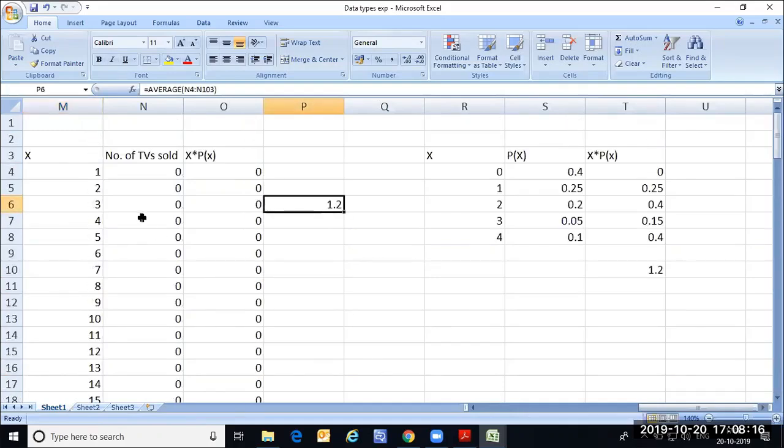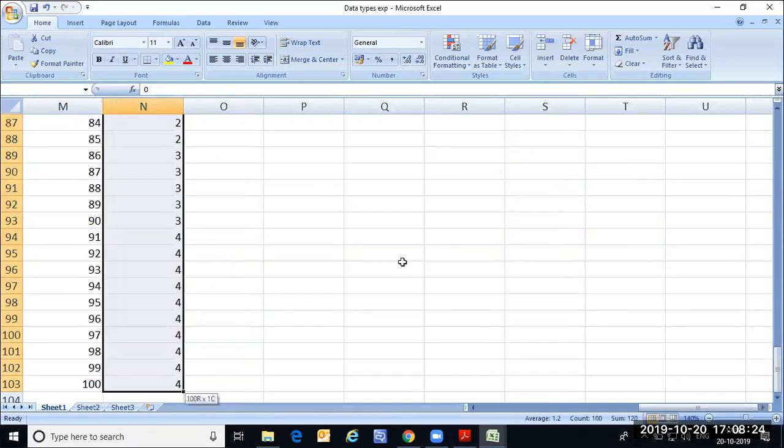Now, if I just take the average of all these TVs that I'm selling, on an average, how many TVs I'll be able to sell per day? 1.2. Means the same.